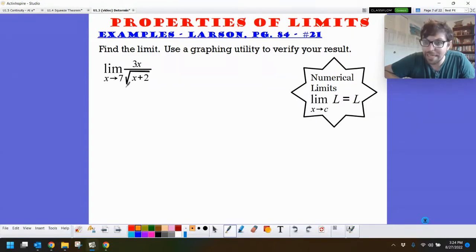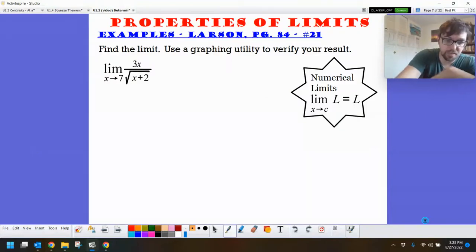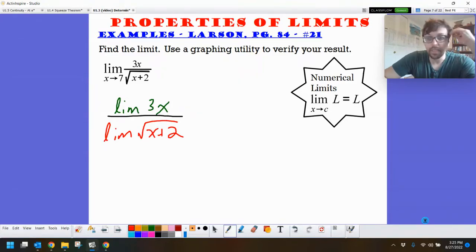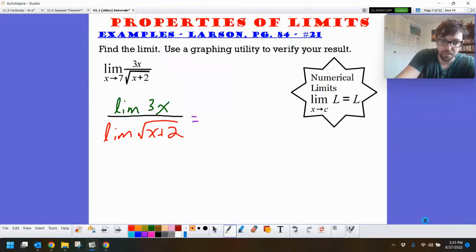We're going to apply our different properties together in this problem, and probably this one here too, in order to figure out what is going on with this limit. So the first thing I see is I've got a fraction. So I'm going to break that up into two limits. Okay, so now I kind of want to break up what's going on with the top and the bottom. So the top, I've got a multiplication, so I'm going to break that up into two separate limits.